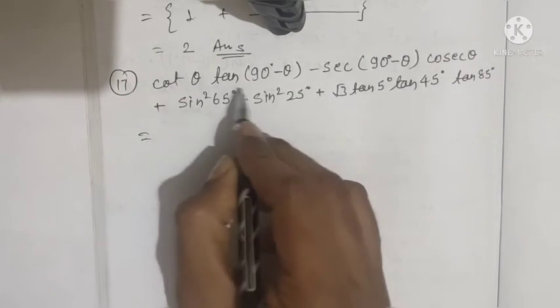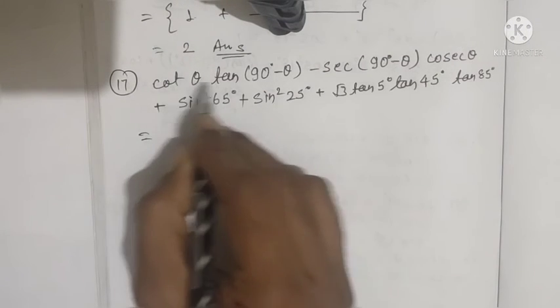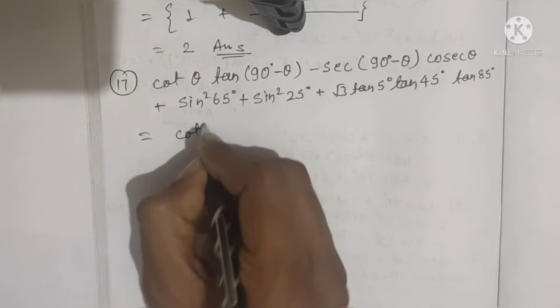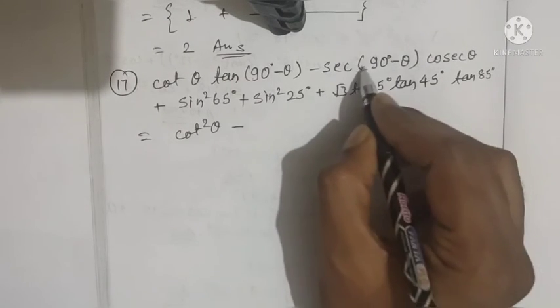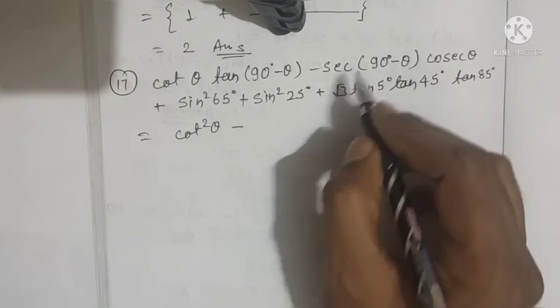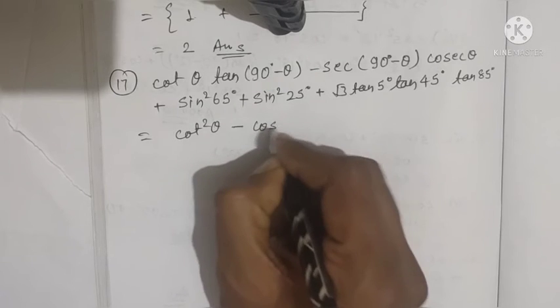so here as we know that tan (90 degree minus theta) is equal to cot theta, and cot theta into cot theta will be equal to cot square theta, right. Minus sec (90 degree minus theta) will be equal to cosec theta, and cosec theta into cosec theta will be equal to cosec square theta.